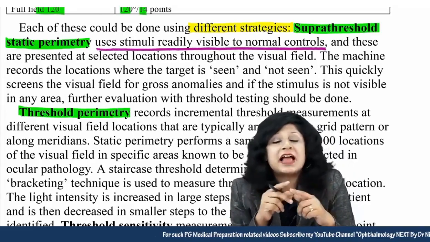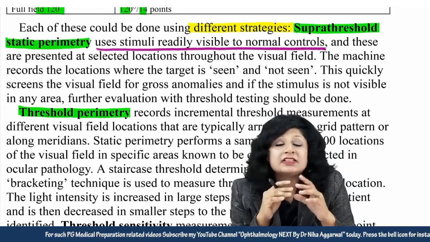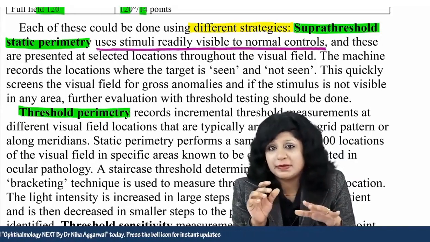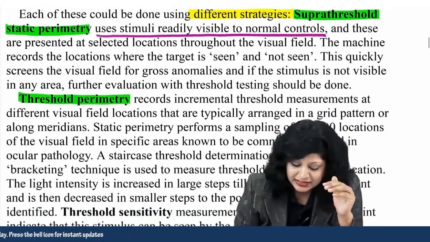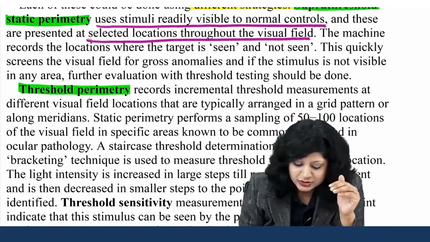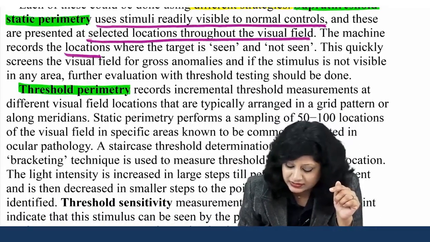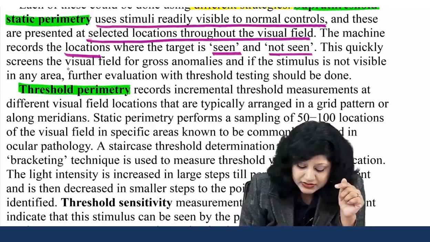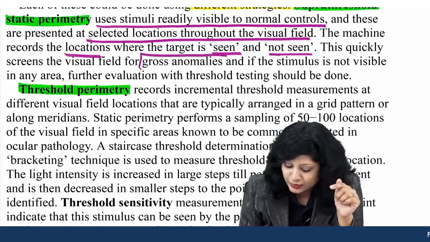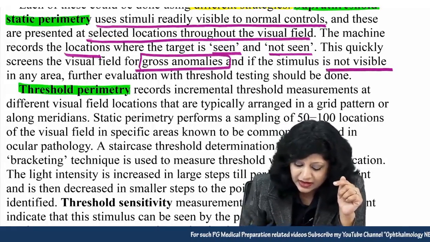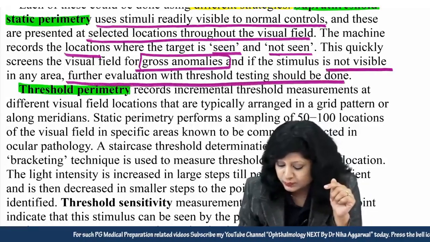So they are using that stimulus which is readily visible to normal people, and these are presented at selected locations throughout the visual field. Now the machine will record these locations where the target is seen and where target is not seen. This quickly screens the visual field for any gross anomalies, and if the stimulus is not visible in any area, further evaluation should be done.